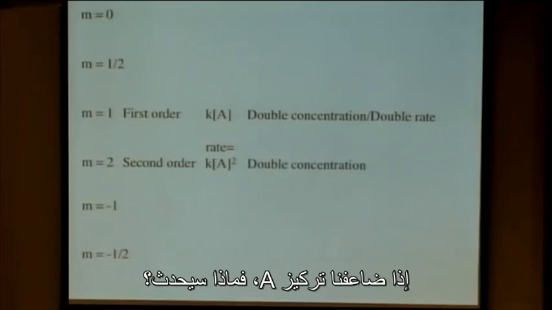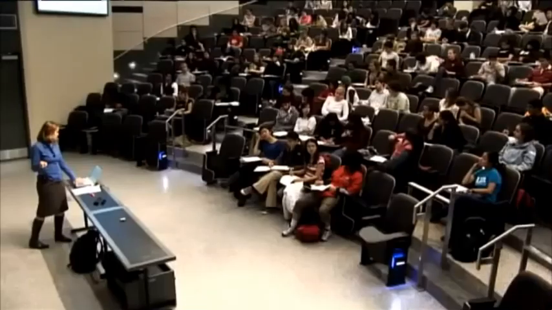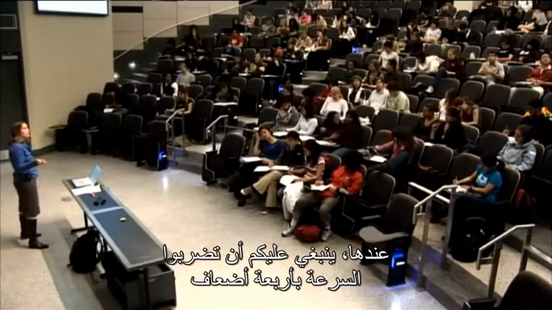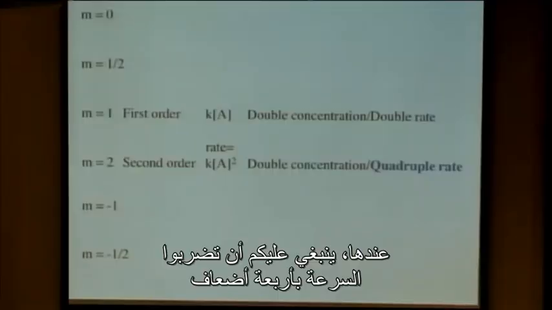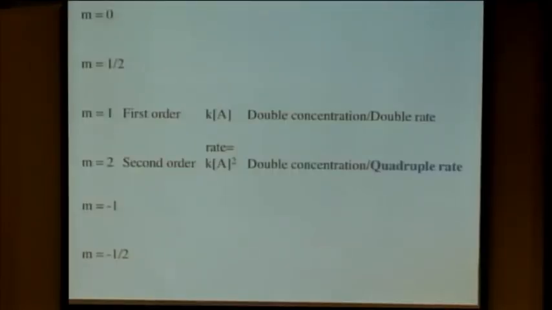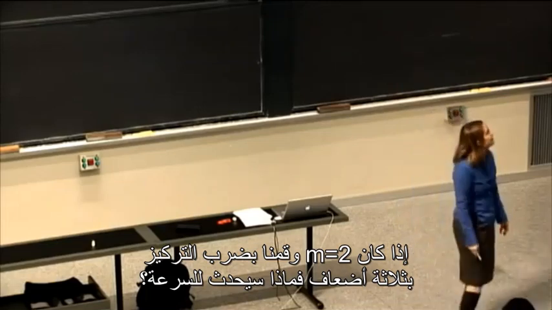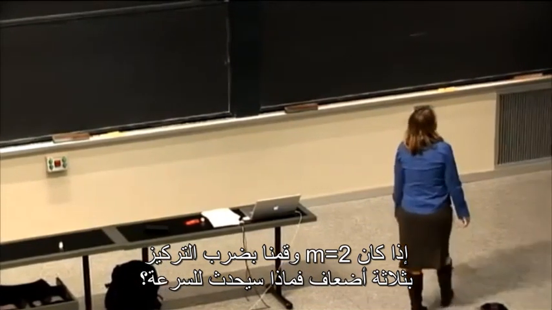If you double the concentration of A, what would happen? So you should quadruple the rate. So what about if you triple the concentration? Why don't you go ahead and tell me, if you triple it for m equals 2, what would happen to the rate?